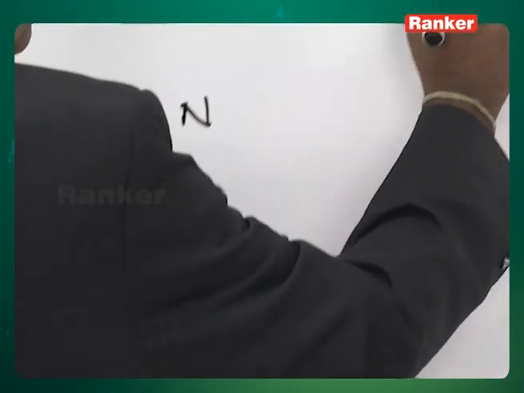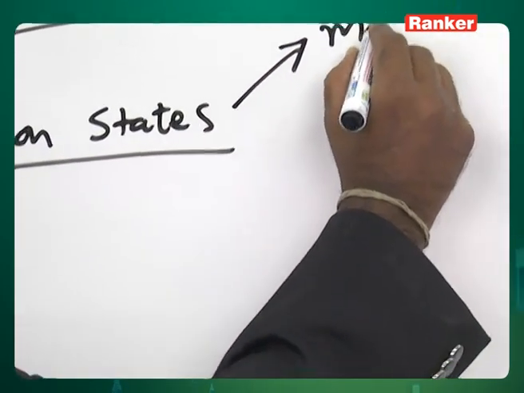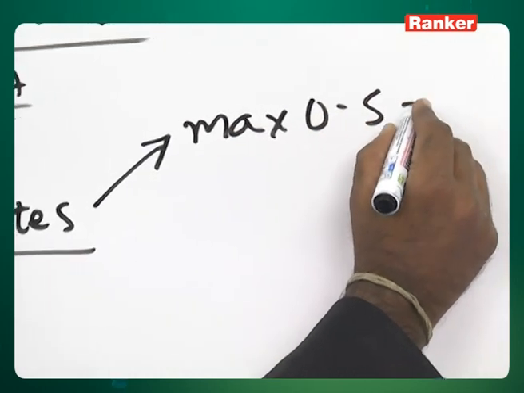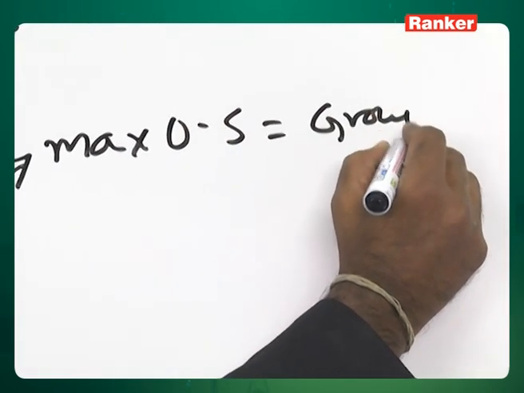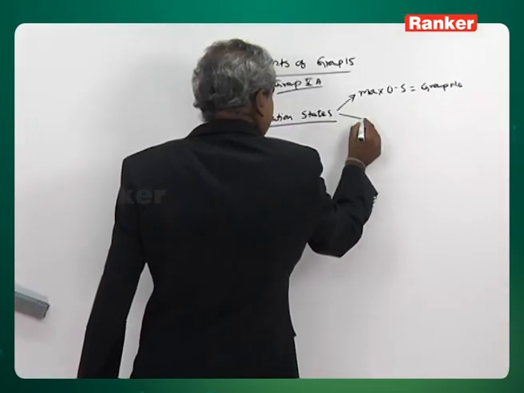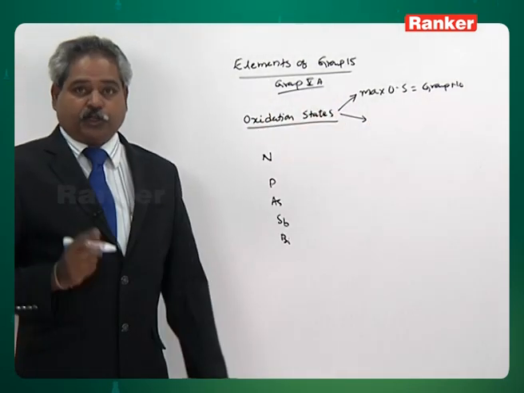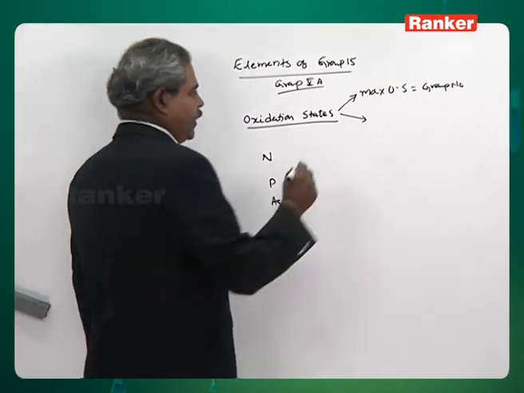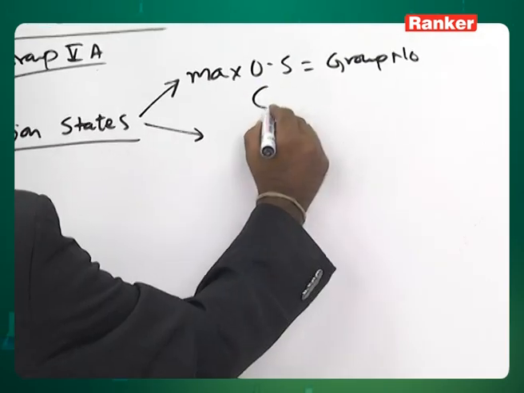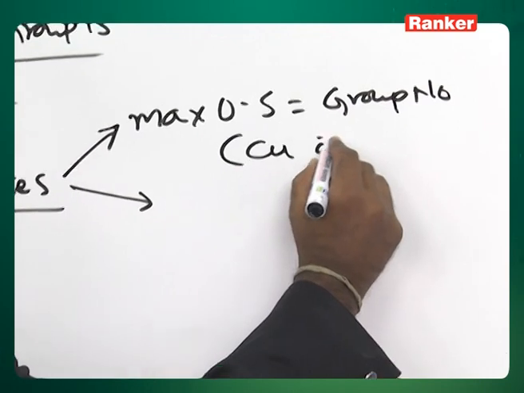The maximum oxidation state is equal to the group number. Of course, copper is a chief exception. The group number, the old numbering.